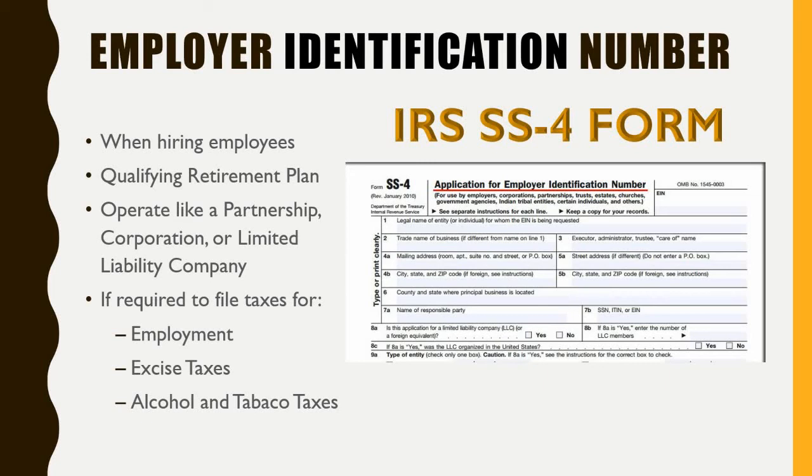Okay? But this is how you fill it out. So again, this is upon receiving your business license. Very, very important. That's why usually when you apply for the business license, it's simultaneous.